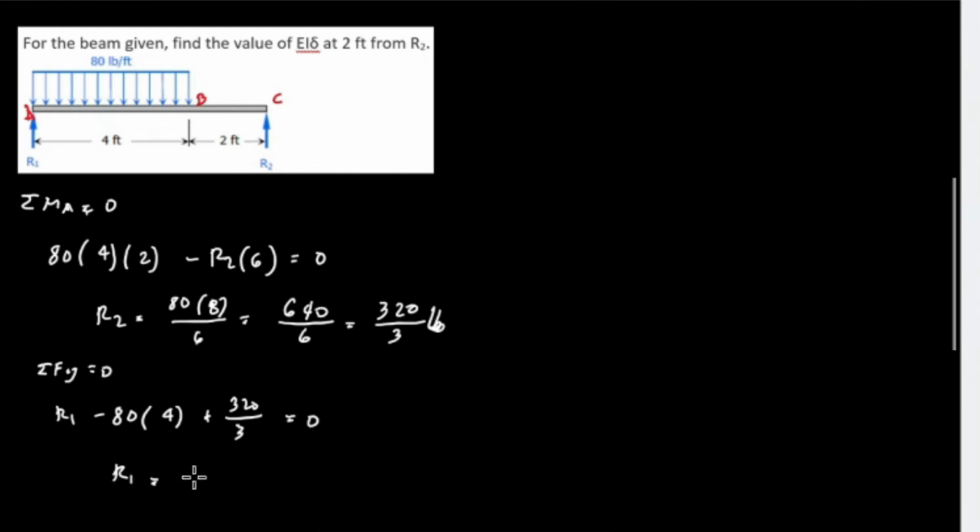R1 is equal to, transposing negative 80 times 4, so that's positive, 80 times 4, that's 320, minus 320 over 3. And the value for R1, in fraction, is 640 over 3 pounds. So we now have the value for R2 and R1: R1 is 640 over 3, and R2 is 320 over 3.